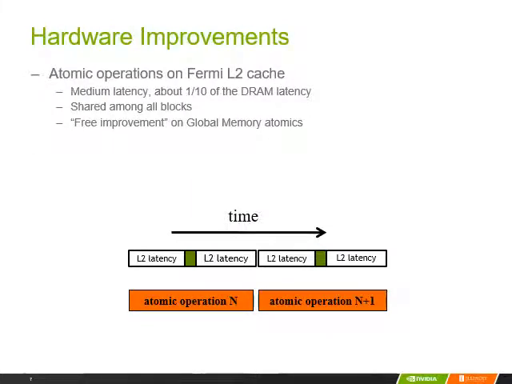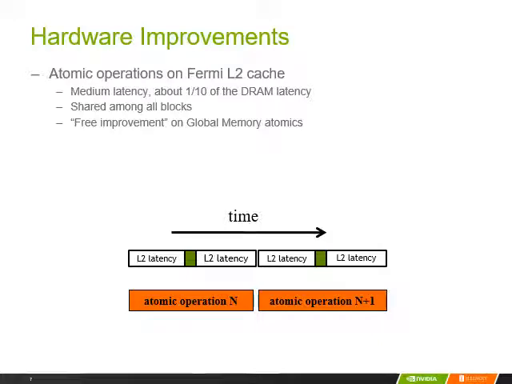Because the throughput of atomic operations is limited by the latency of the operation, there is great incentive to reduce the latency of atomic operations. This is an important reason why the more recent GPU devices provide L2 cache that captures all the atomic operations to DRAM and performs them in the L2 cache.